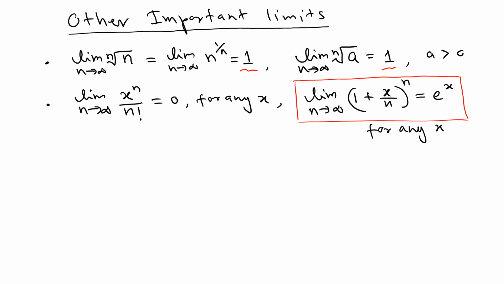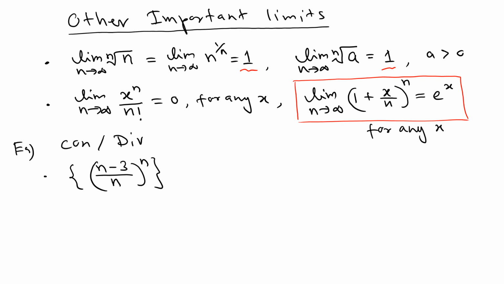So let's look at some problems showing how we can use these facts. Check whether these sequences converge or diverge. One is, let's say, the nth term is given by n minus 3 over n, to the n.